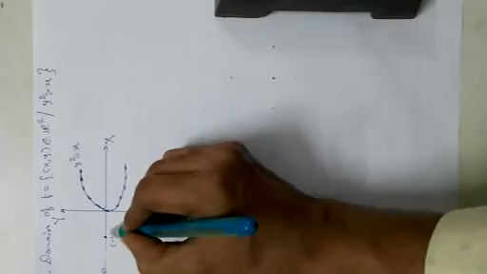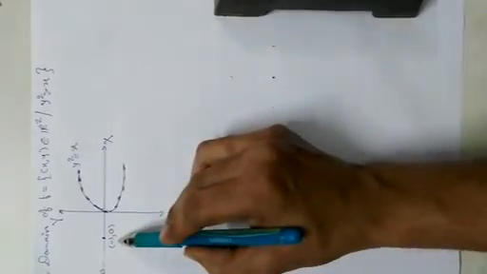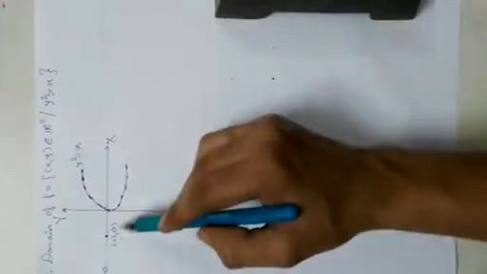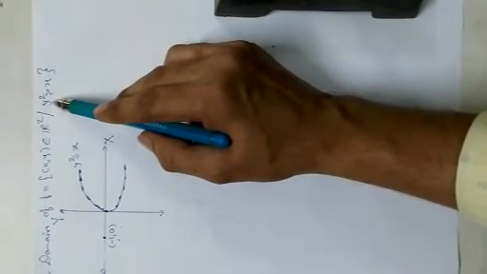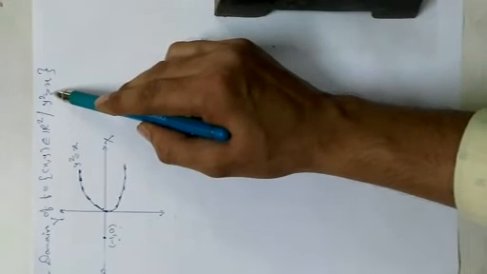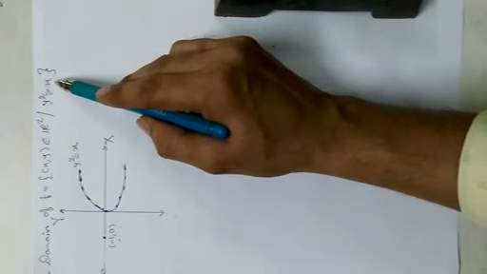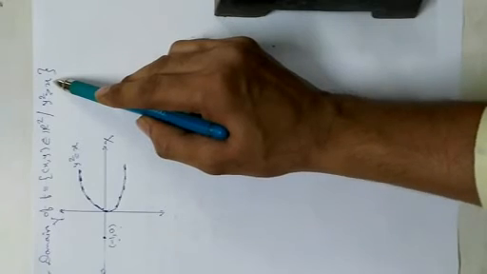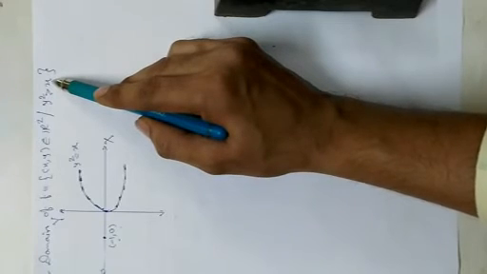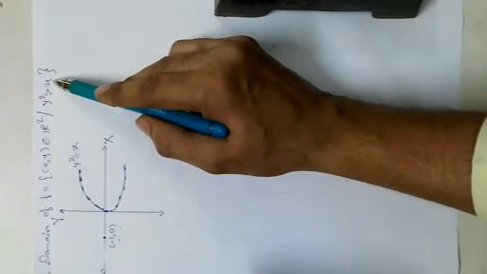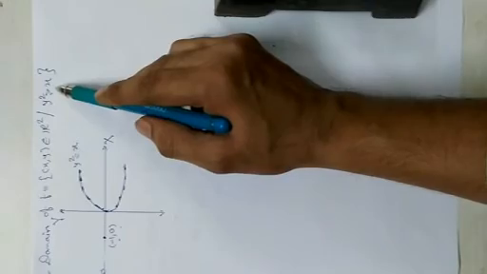Point -1, 0. Put x is equal to -1 and y is equal to 0 in this inequality. We will get 0 is greater than -1. Is it true or false? If it is true, then the outer region of this parabola is the domain of f. If this is false, then the inner part of the parabola is part of the domain of f.